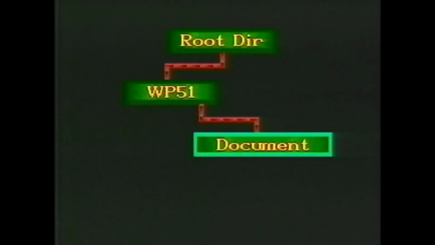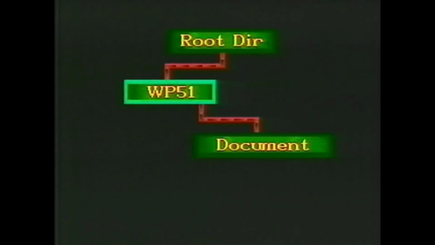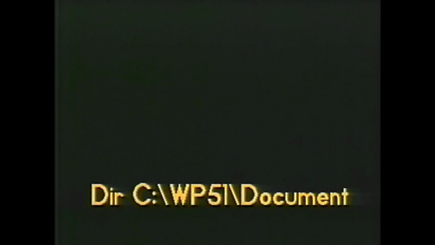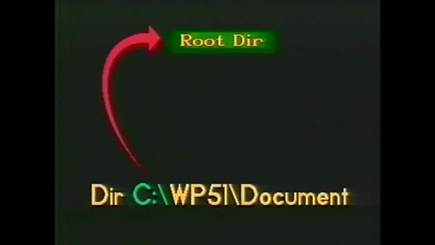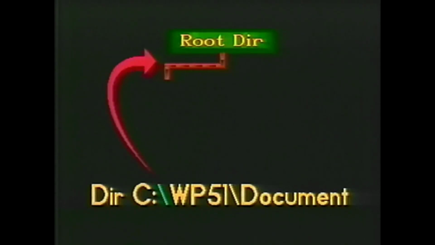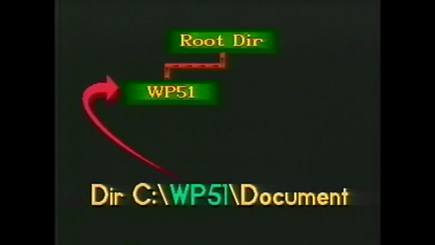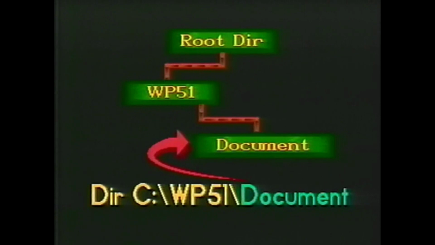For example, to see the files of the document subdirectory of the WordPerfect directory, you'd need to type dir c:/wp51/document. This tells DOS to look in the root directory to find the WordPerfect directory, then go to the WordPerfect directory where it can find the document directory and display those files. Let's try that, Lisa.